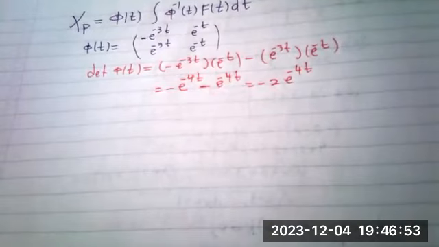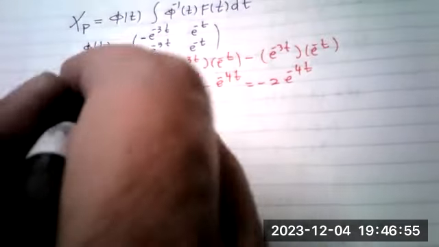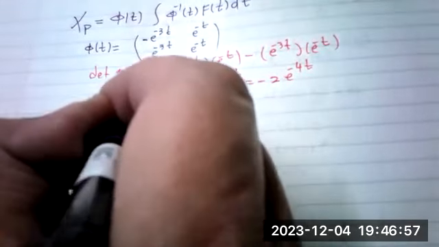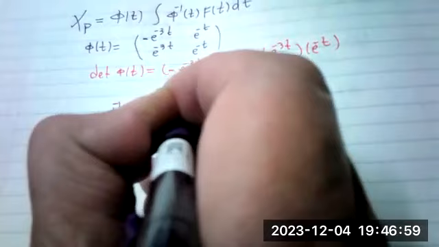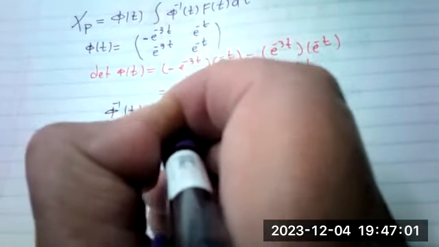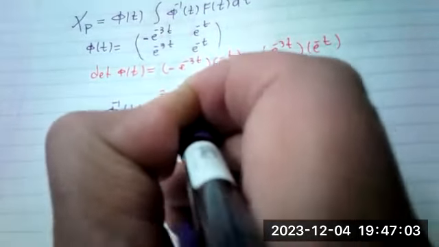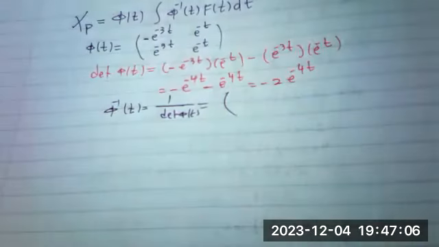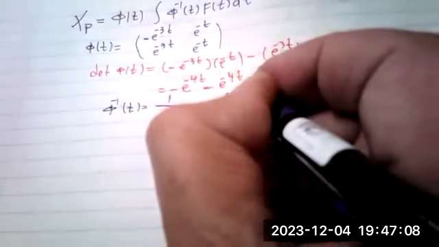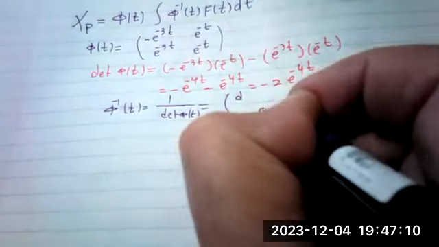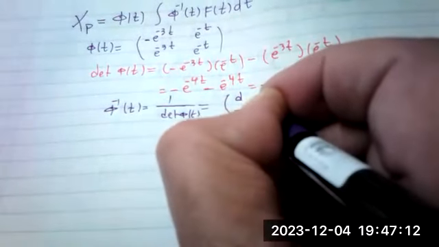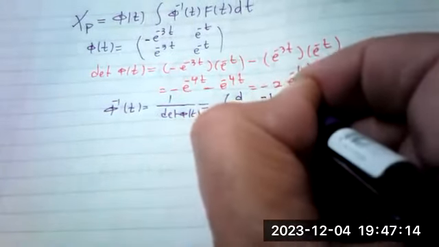Now we are ready to get the inverse of Φ(t). I remind you the formula. It was 1 over the determinant of Φ(t), then you switch. Remember, it's going to be d, a, and negative c, and negative b.